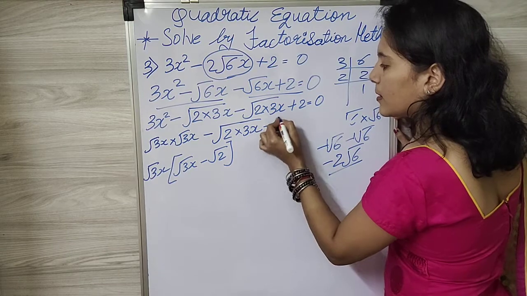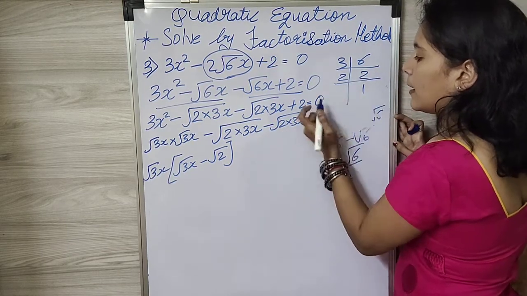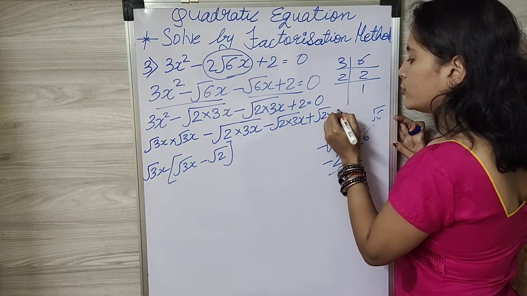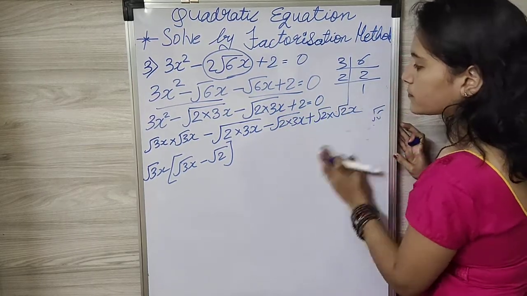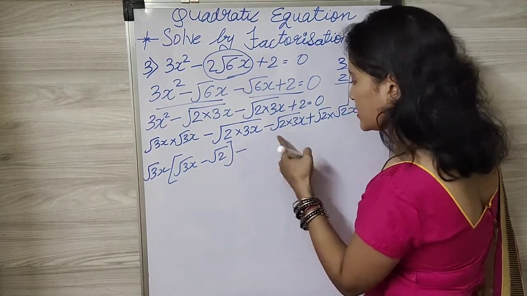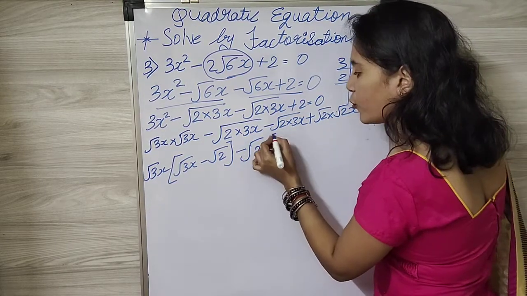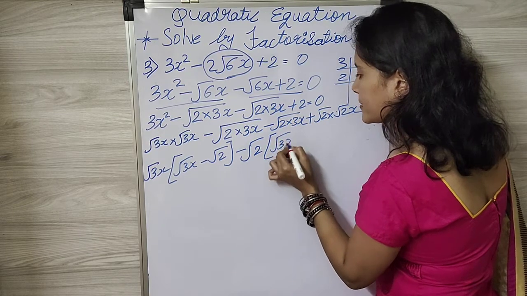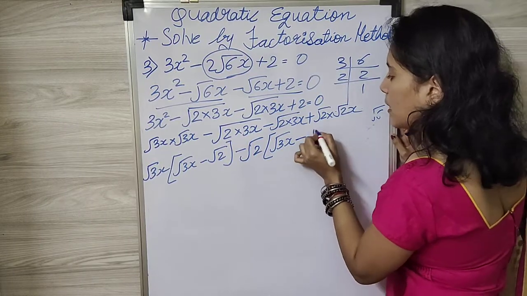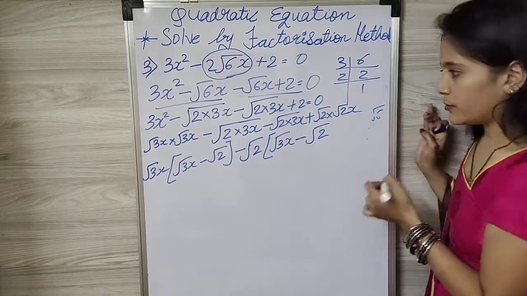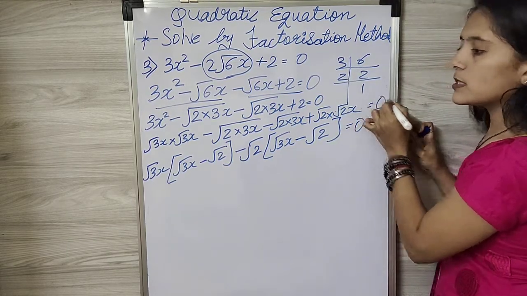Again this term, under root 2 into under root 3x. What is common here? Under root 2. So what is left over here? Under root 3x. I have taken the minus common, so again minus under root 2. The bracket closes here and is equal to 0.